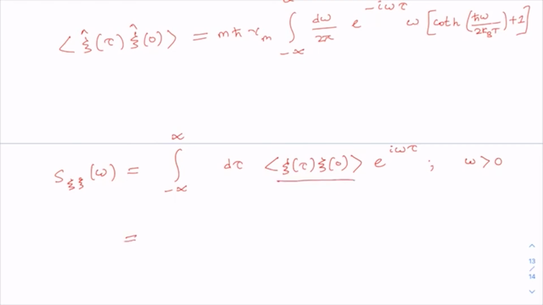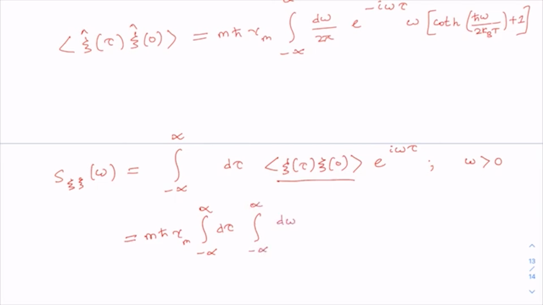We'll just put in the expression that we have derived for this autocorrelator, that is mħγm, integration from minus infinity to plus infinity dτ, and here I have minus infinity to plus infinity.